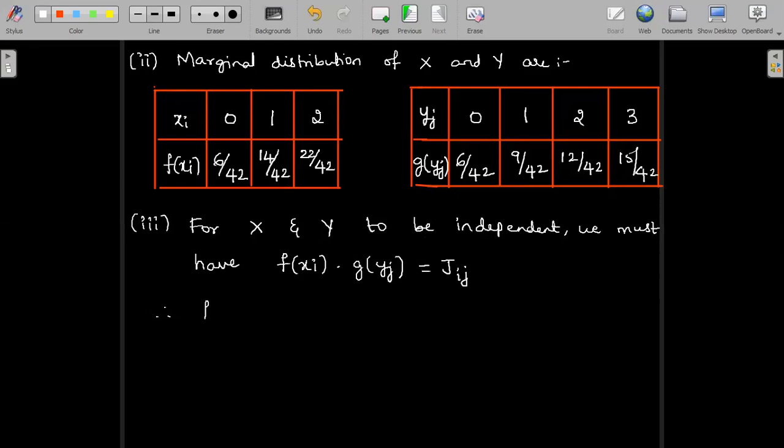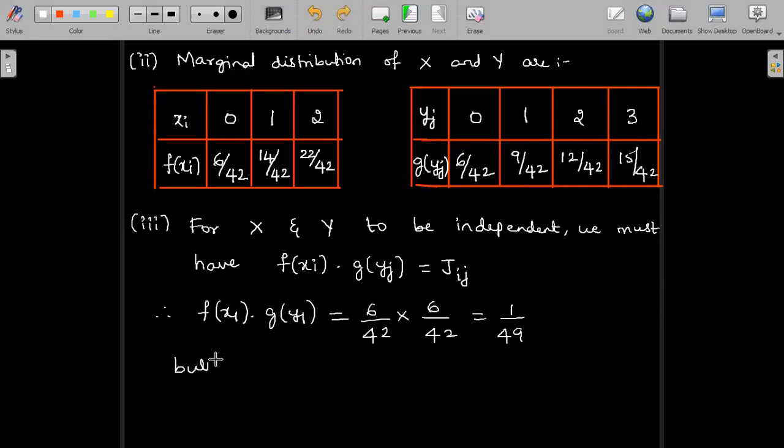So therefore, f of x1 into g of y1. So f of x1 is 6 by 42 multiplied by g of y1, which is also 6 by 42. So this gives us 1 by 7 into 1 by 7, which is 1 by 49 on simplification. But this should have been equal to J11, no?